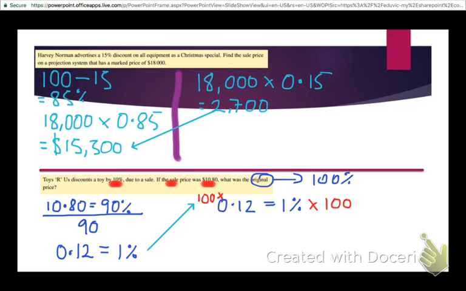So then we have 100% of the price, or the original price, is equal to $12. And because we're talking money, we'll pop the 2 decimal places, and that's it there.